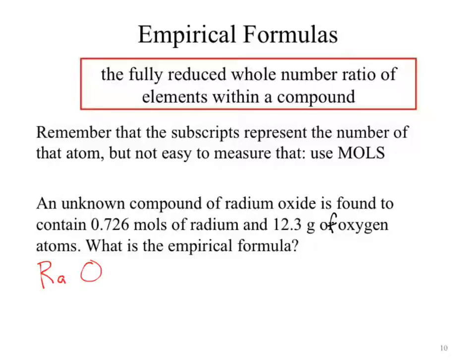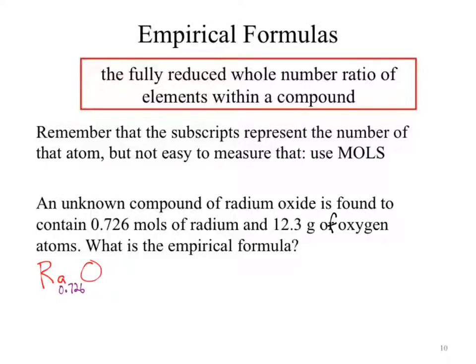How many radiums are present in that formula? 0.726 moles. Well, that's the number, right? What did our formula give us? The number. So I can put in 0.726 for radium. That's perfectly valid. Why not?